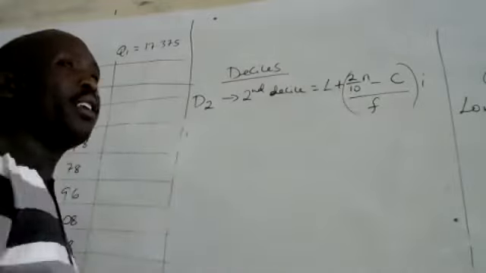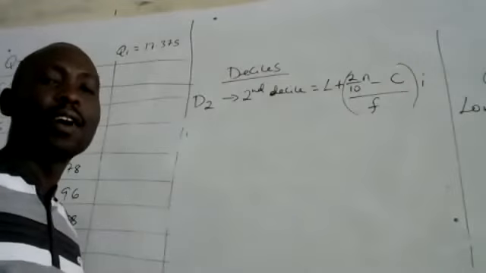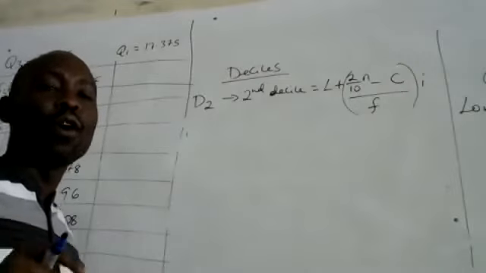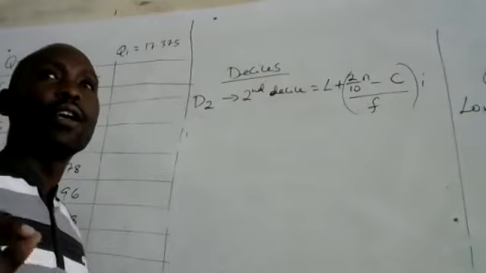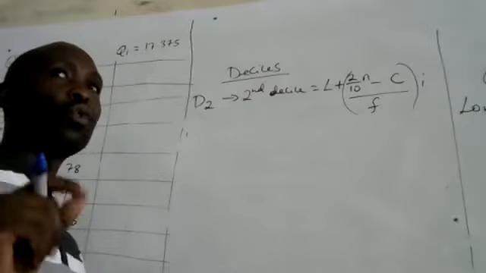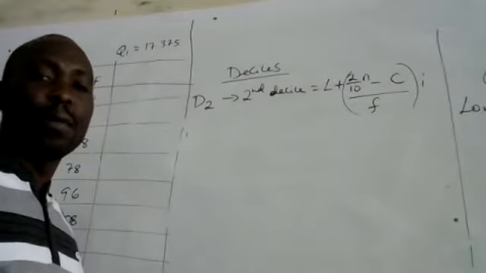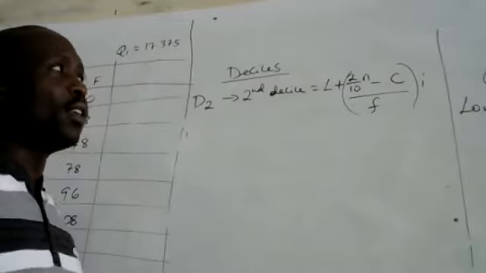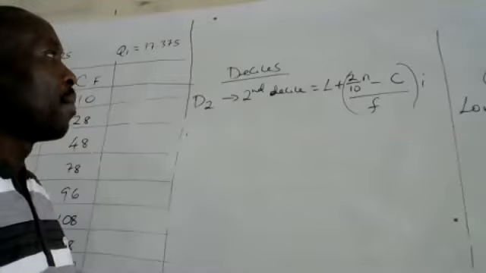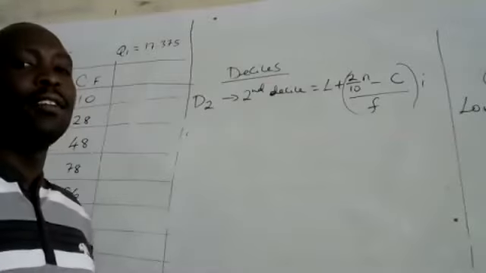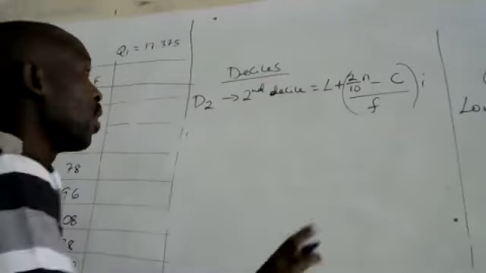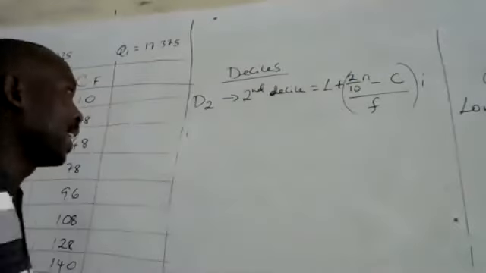Remember the quartiles divide the distribution into 4, that's why we have 1 over 4, 2 over 4, which is a half for the median, and 3 over 4 for the upper quartile. But for the decile, because it divides the distribution into 10 parts, we have it over 10.